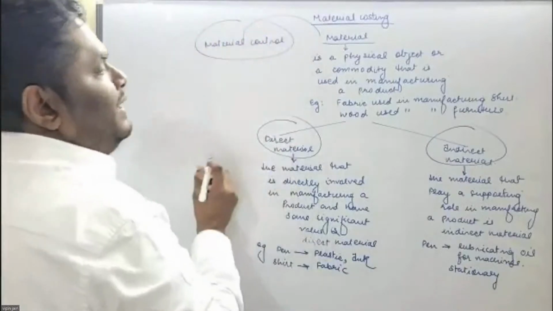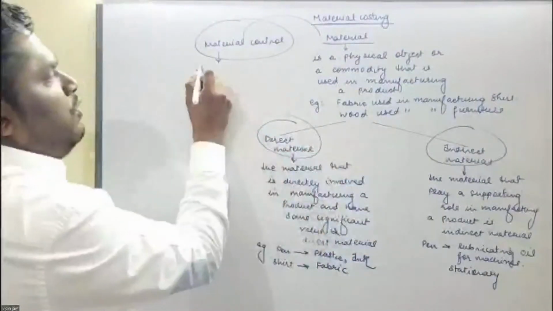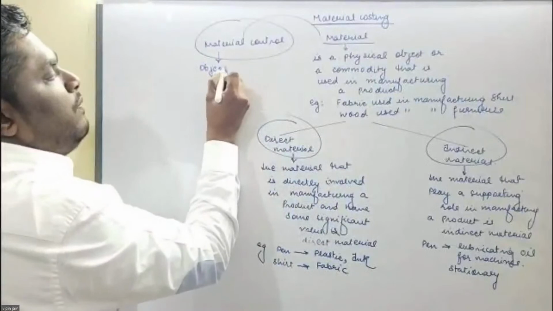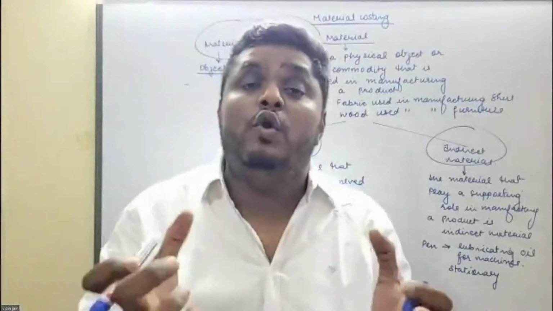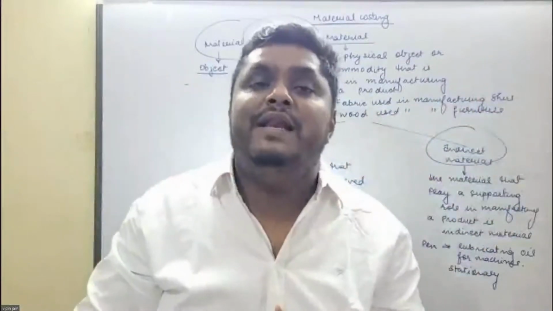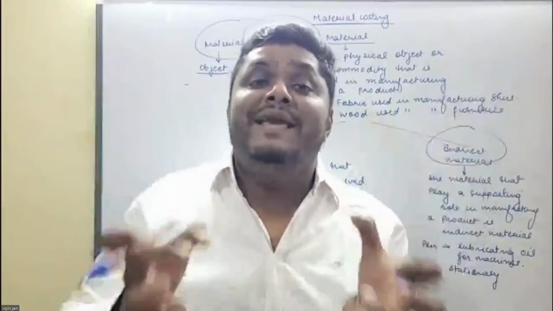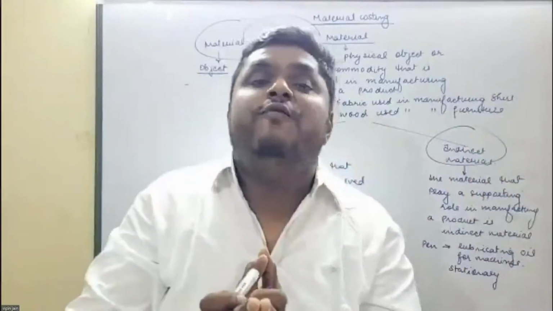When talking about material control, what is material control? What are the objects of material control? Very simple. Why material control? First and foremost, we are implementing material control because this is the major element in the total cost of a product. Further, what are the objects of material control?